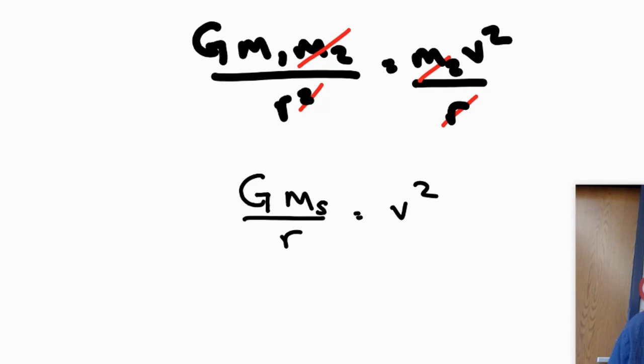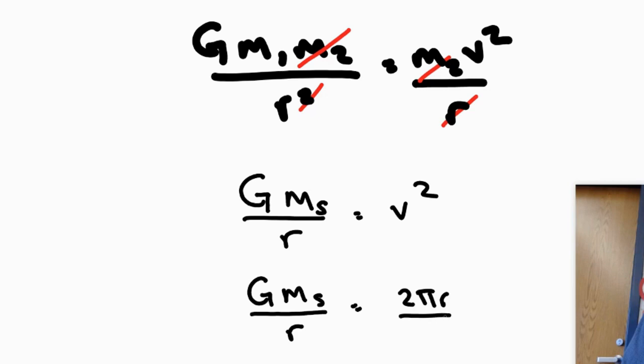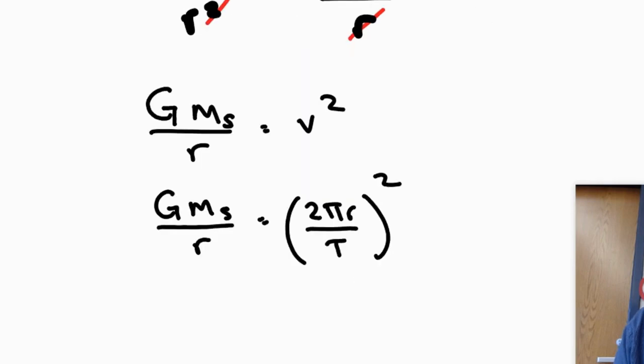Wait, how does this prove anything? This doesn't prove anything at all. But wait, if we substitute in for the velocity 2 pi r over the period, we take that quantity and square it. Yeah, because the planets are going roughly in circular orbits. I'm going to take those values and square them up.